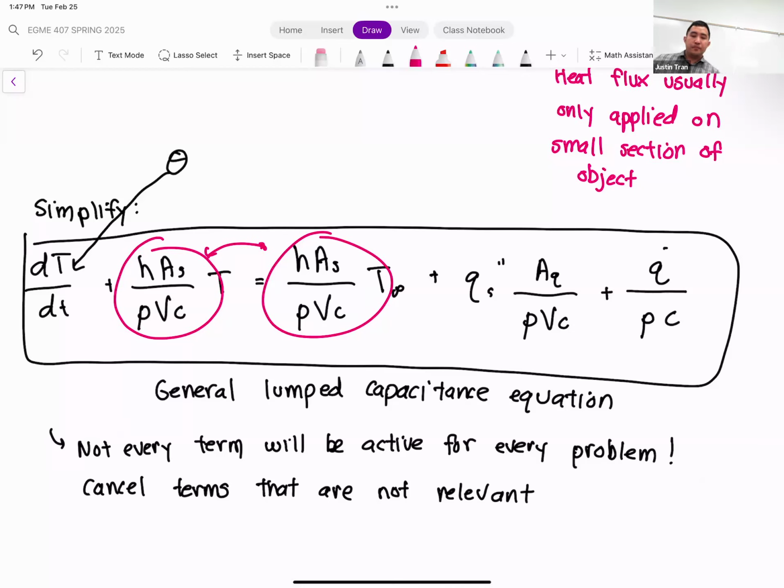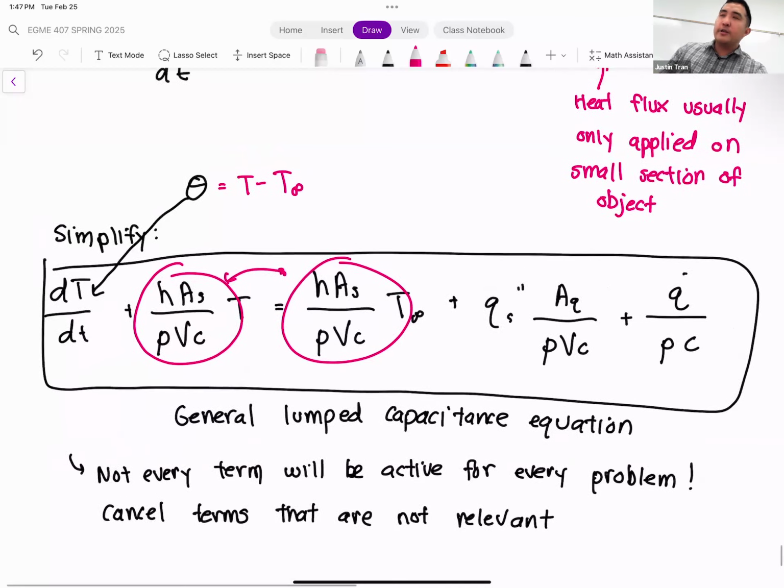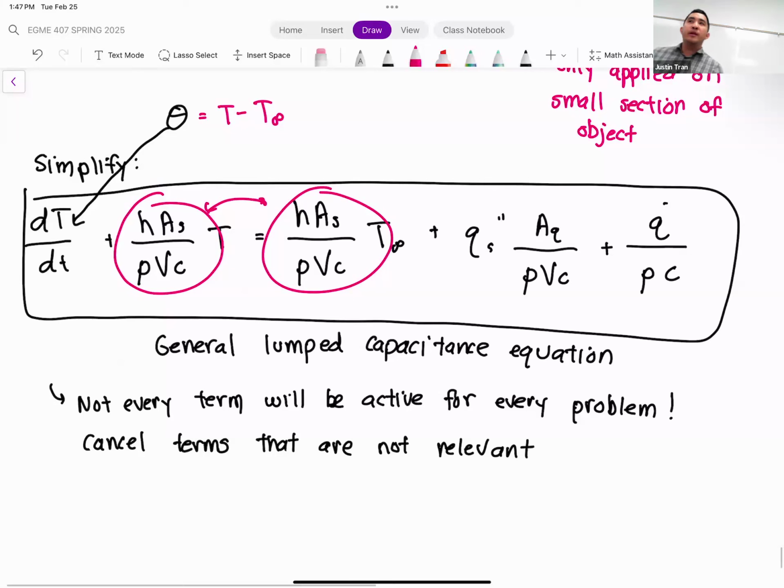Remember, theta is equal to T minus T infinity. So it would simplify your math a little bit. Here, it wouldn't do all that much, because you're probably going to have a non-homogeneous equation anyway, because you have heat flux and maybe thermal generation, but you can definitely do that as well. Because in most cases it doesn't really help you mathematically, I'm going to move forward and solve this in terms of regular temperature, but you can of course solve in terms of excess temperature as well if you wanted to.